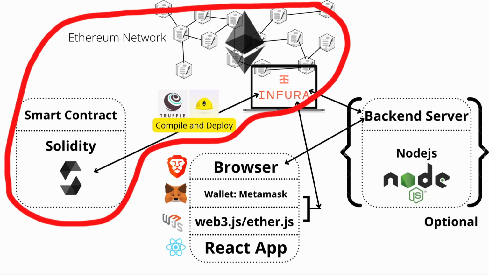Then this list of opcodes needs to be deployed to the network. And deployed means we take the list of opcodes and store it under a new generated address. So then you have your smart contract running on the blockchain, which brings us to the next part.